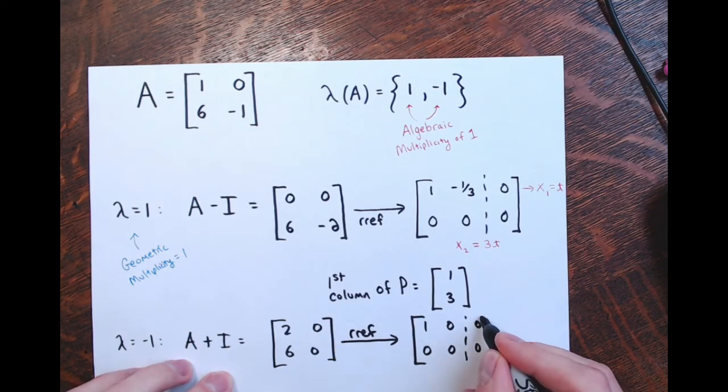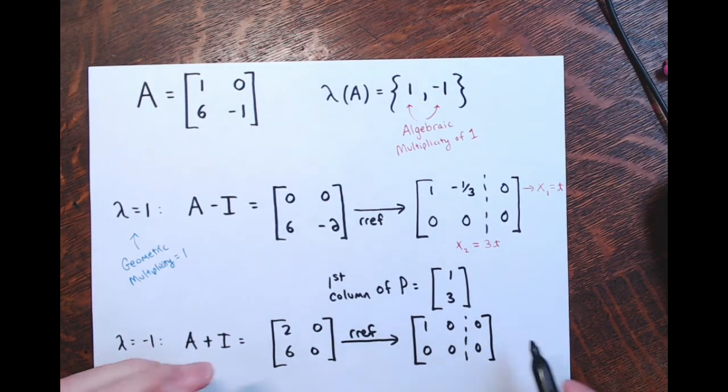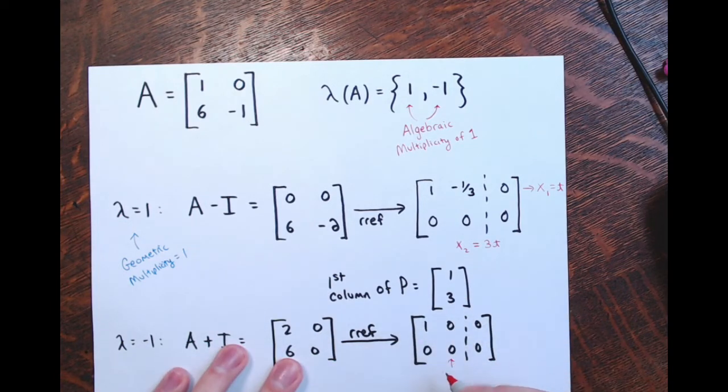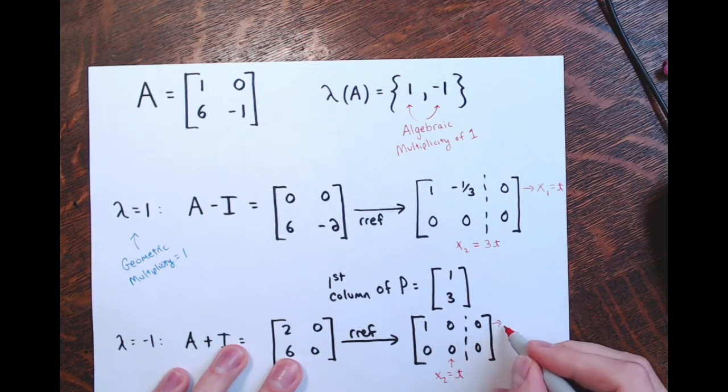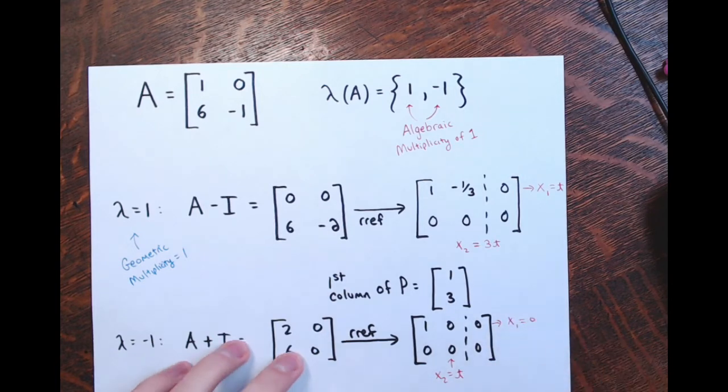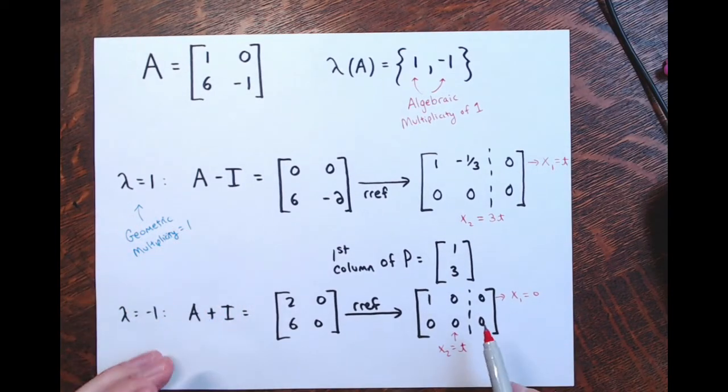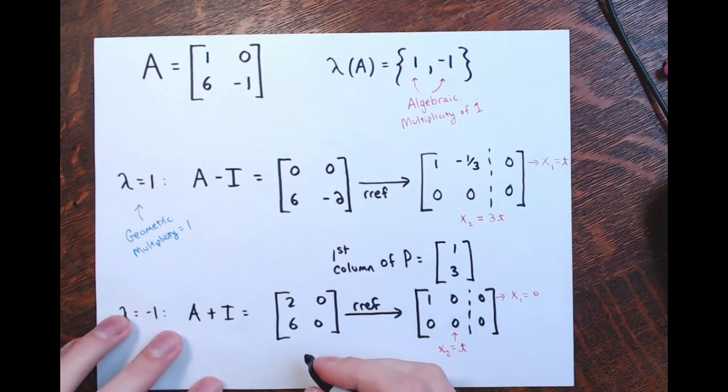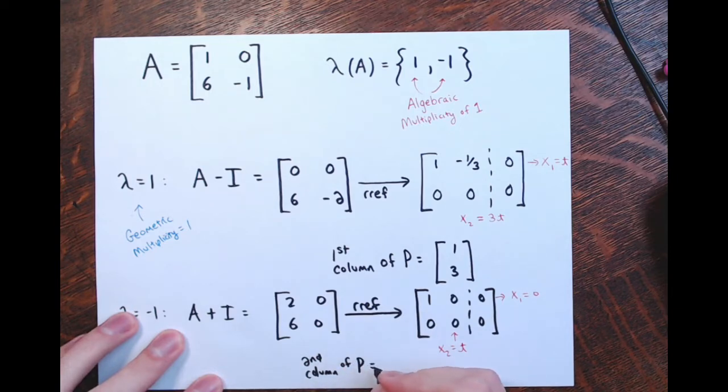And then again, we have the equals 0 on the other side. Now, this is simple enough. The second component, again, is a free variable, so I'll say x2 equals t, and then the first row is simply x1 equals 0. So any vector in this eigenspace is going to be a multiple of 0, 1. So that'll be my second column of P, the vector 0, 1.